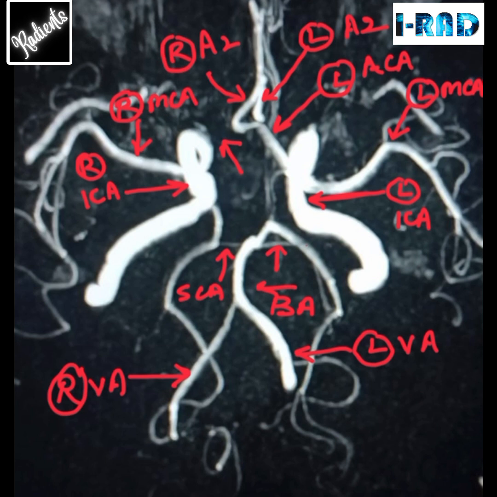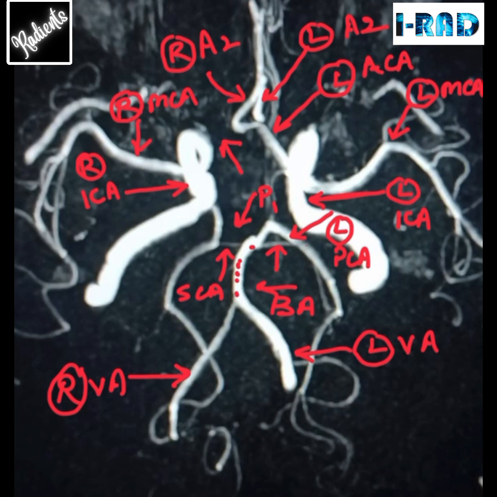But if I trace this basilar artery, then this branch is the left PCA, the terminal branch of the basilar artery. However, if we look carefully, there is no such branch on the right side, at least in its proximal part. So the P1 segment of the PCA here is either absent or very hypoplastic, such that it's not visualized on MR angio.